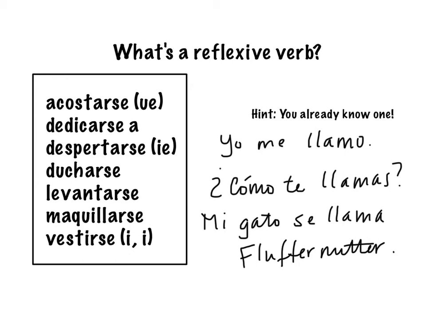So I can say that I have taken a shower today, or that I will take a shower tomorrow, or that I take a shower every day, or I took a shower last week. One thing that we have to pay attention to is that we're used to looking for the AR, ER, or IR at the end of the word, but now we've got this extra special word. Let's go on and see what that is.